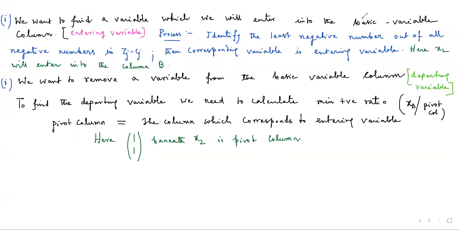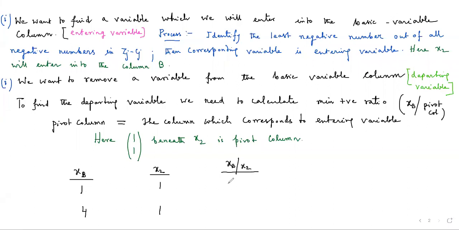Now look at your matrix in the table. In the column xb, we had 1 and 4. In the pivot column, that is beneath x2, we had 1 and 1. We want to calculate the minimum positive ratio, that is xb divided by x2, that is xb by pivot column. We are going to calculate it in the following manner.